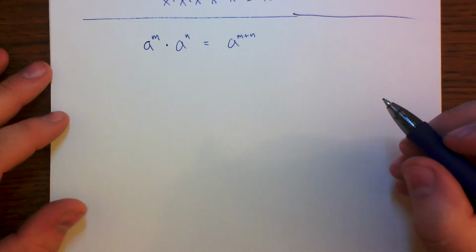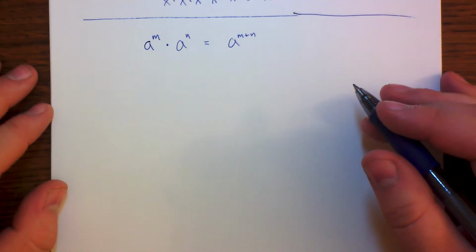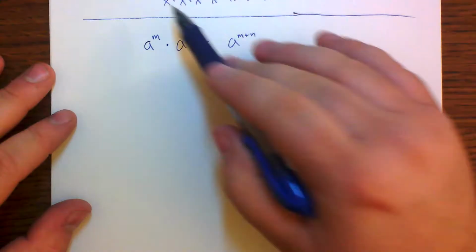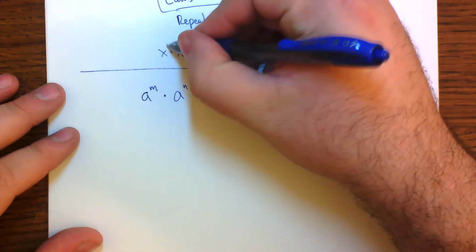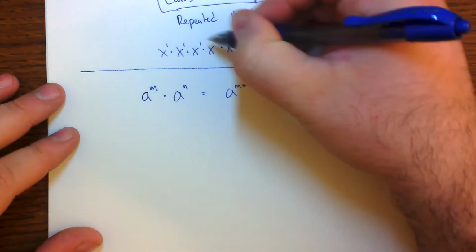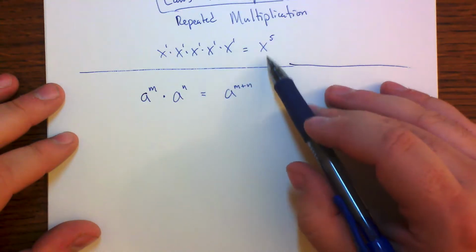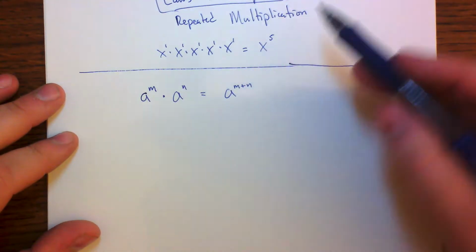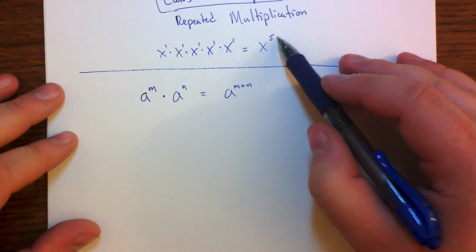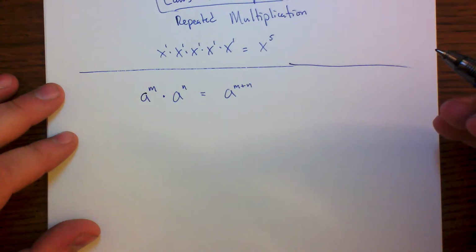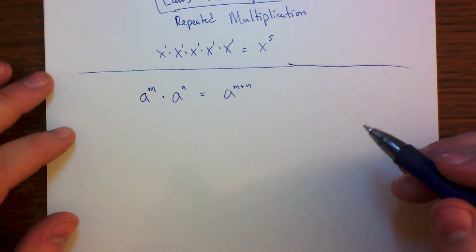That's because when you have this repeated multiplication, let's say you have 1 for all your exponents, you all have the same base. Notice how the base stayed the same, but you're adding each of these little 1 exponents to equal up to 5. So that's where you get that exponent.